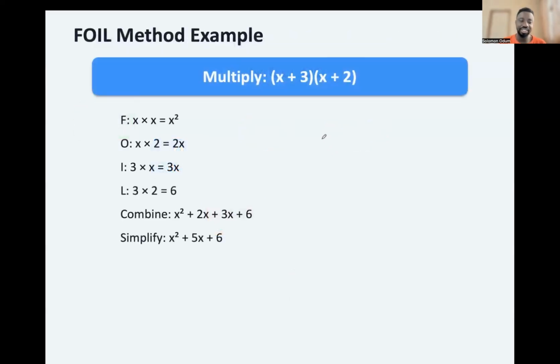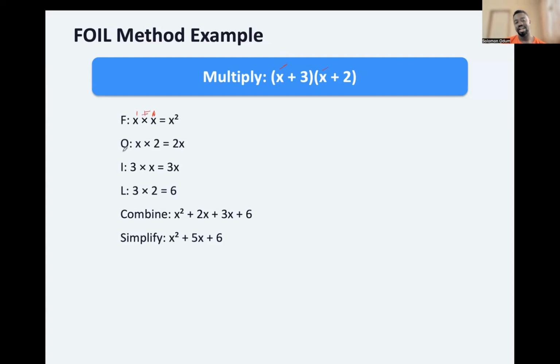So first, you multiply the first terms: x times x, remember, is x squared, because the exponent is 1 here and 1 here, and they add, which gives us x squared.